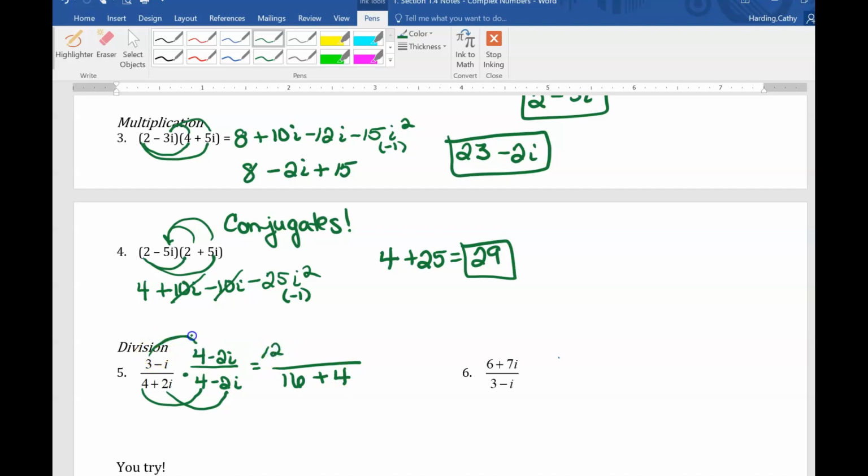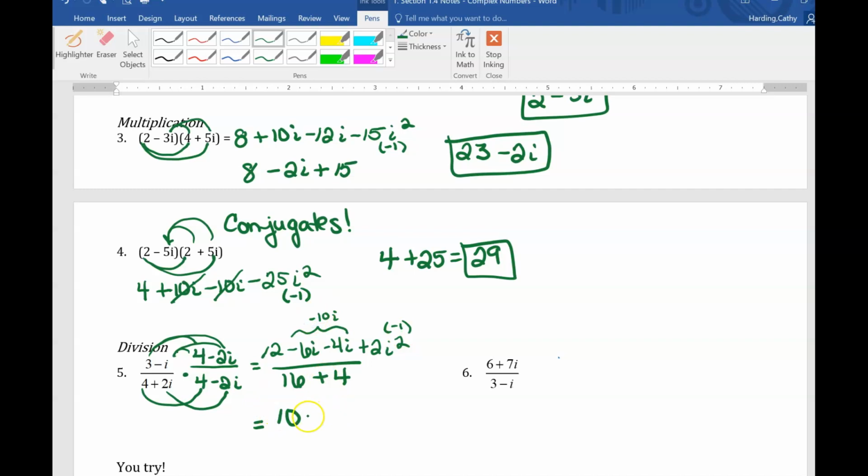So 12 minus 6i minus 4i plus 2i squared. So let's simplify all this. This right here can be combined. And i squared is negative 1. So this is like 12 minus 2.